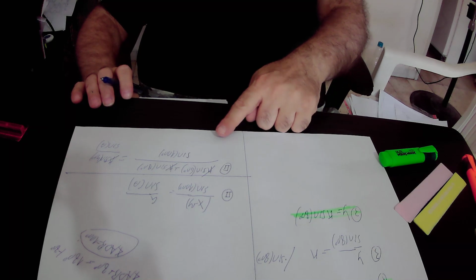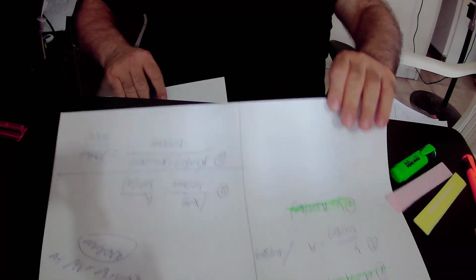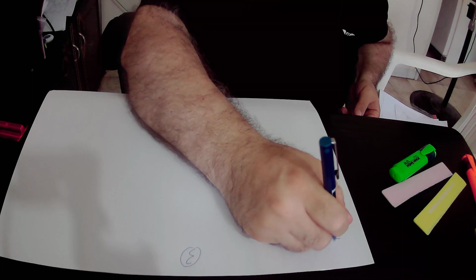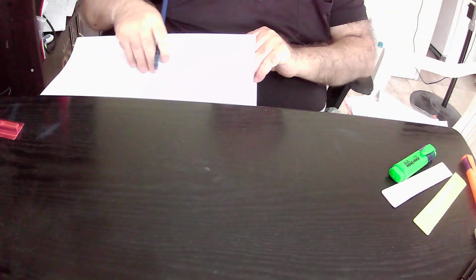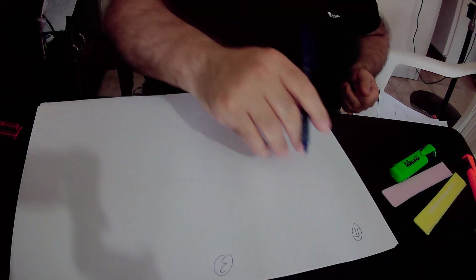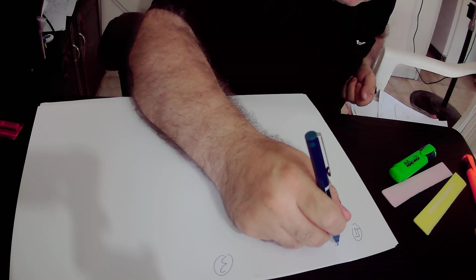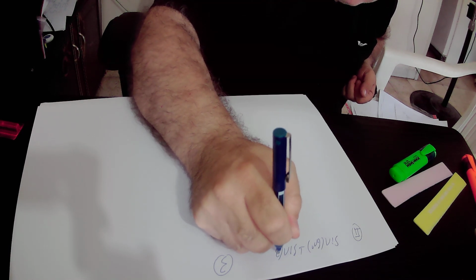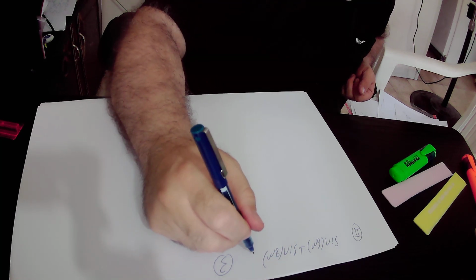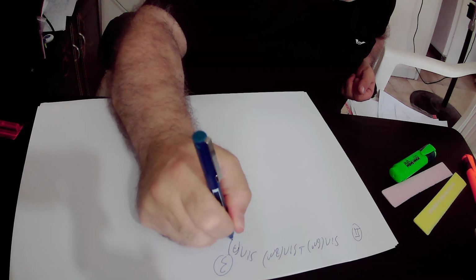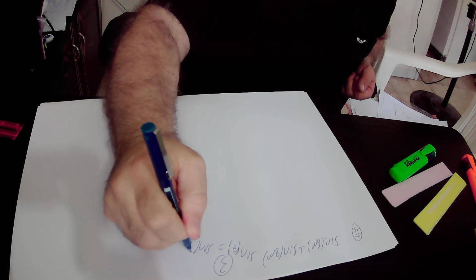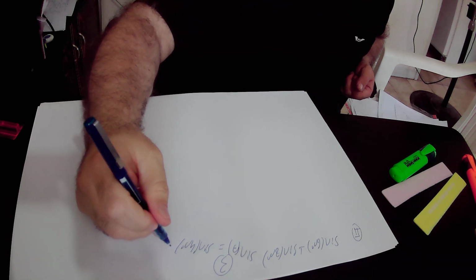In the next step, we will cross multiply this equation, and we get that sine 60 degrees plus sine 80 degrees times sine theta equals sine 40 degrees times sine 100 degrees.